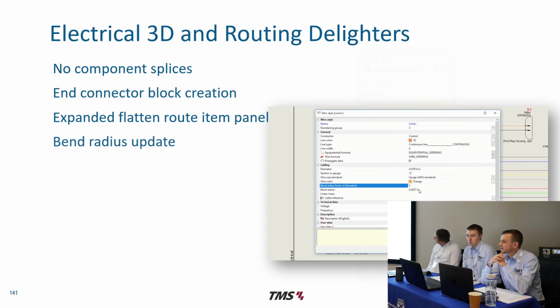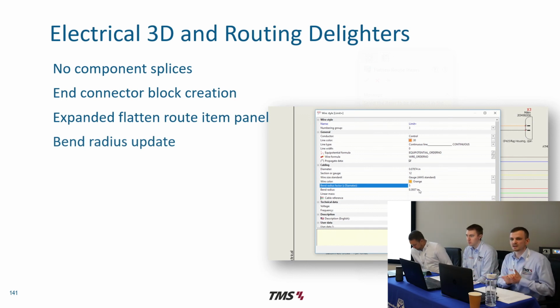Now, another one that can be quite a pain is quite often we've got two teams. We've got our electrical team, sure enough, they create all the schematics and things like that, and then we've got our mechanical team. They deal with all our 3D models. Now, the way it generally tends to work is the electrical engineer will hand over the project, it goes into the mechanical aspect, and they'll add these wires to our 3D model.